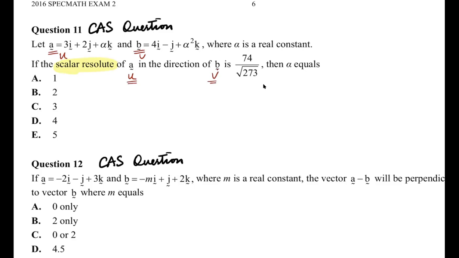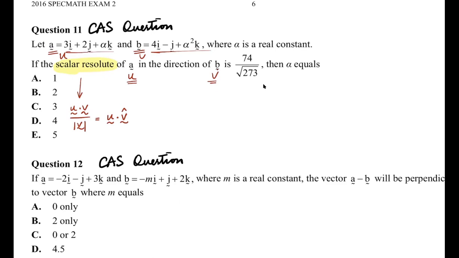In that logic, on my CAS calculator, I would firstly define u and then v, and then think of the formula for scalar resolute. Scalar resolute is given by u dot v divided by the length of v, the length of the directional vector. Or you could just say u times v hat, which is the unit vector along the direction of v, okay?